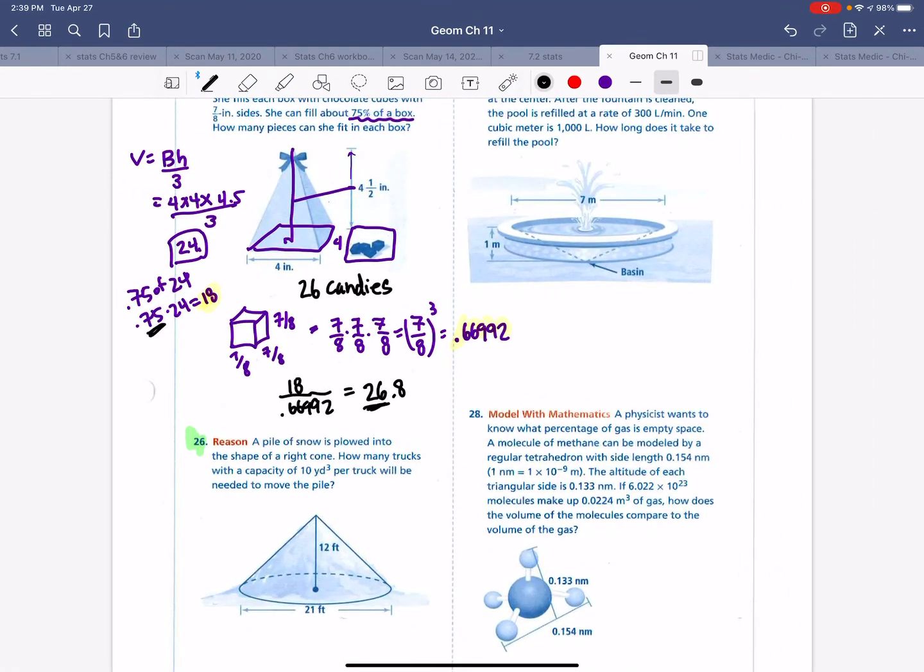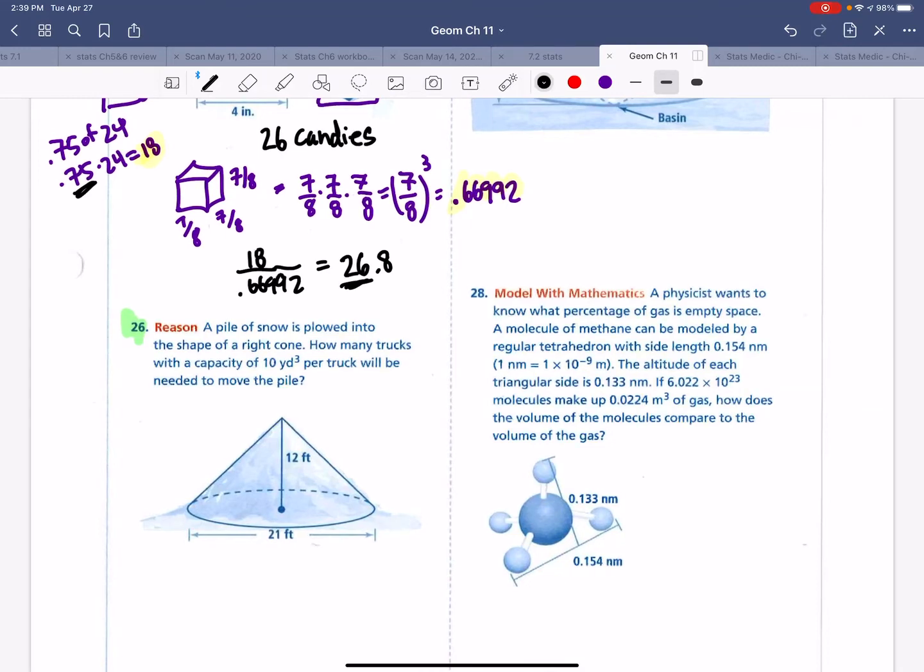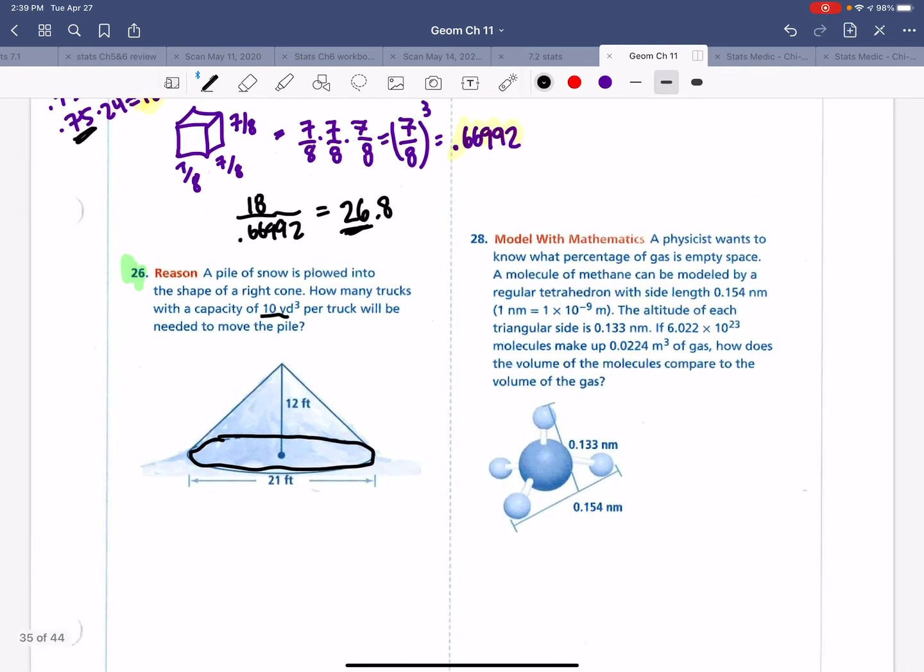Cool. All right. A pile of snow looks relatively cone-like and is plowed into a right cone. How many trucks with a capacity of 10 yards will be needed to move the pile? Okay, so let's figure out how big the pile is. This was our diameter, so we want to find the radius by dividing by 2, right? So half of 21 is 10.5. So our volume is the area of our base times the height divided by 3, because this is a pointy cone, right?